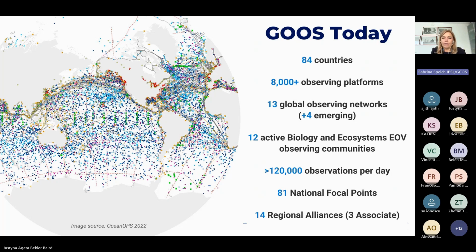They have 12 active biological and ecosystem essential ocean variable observing communities. They are undertaking more than 120,000 observations per day.